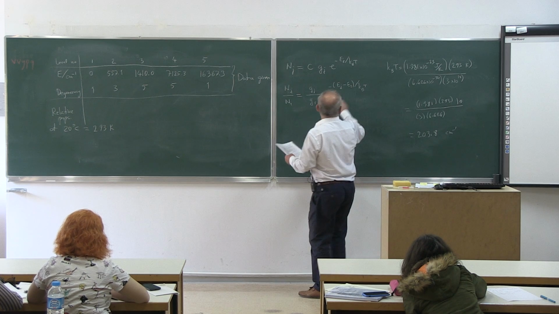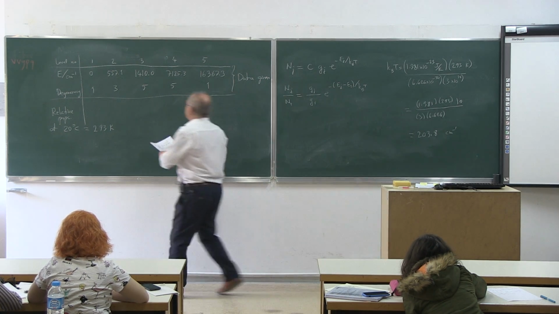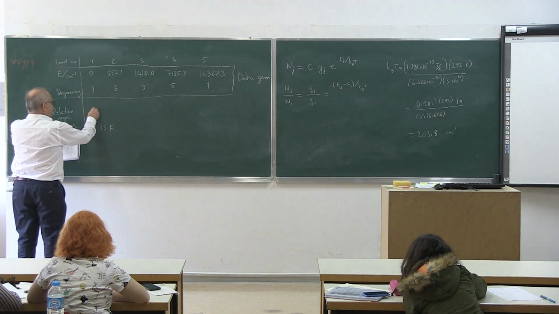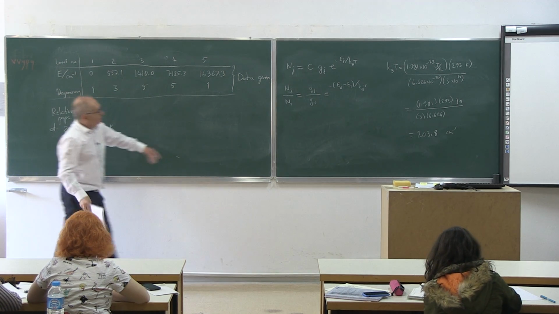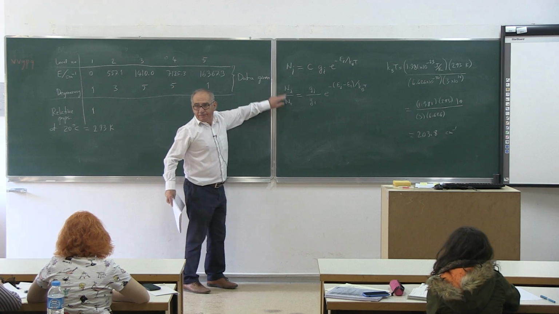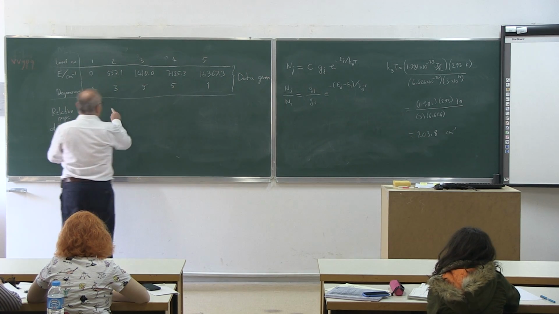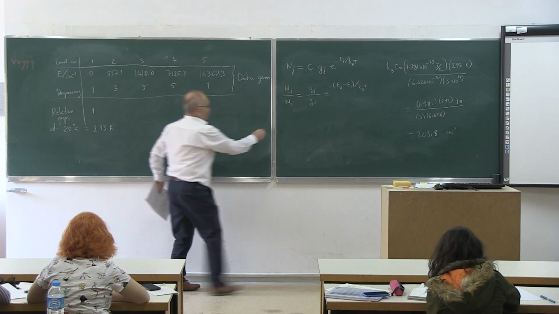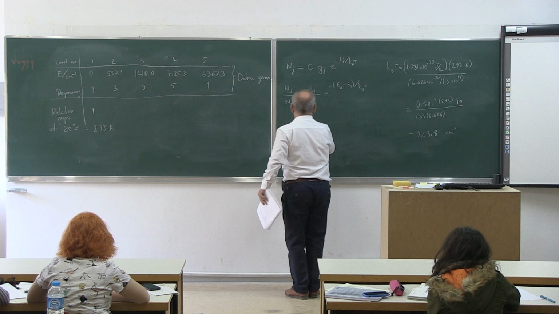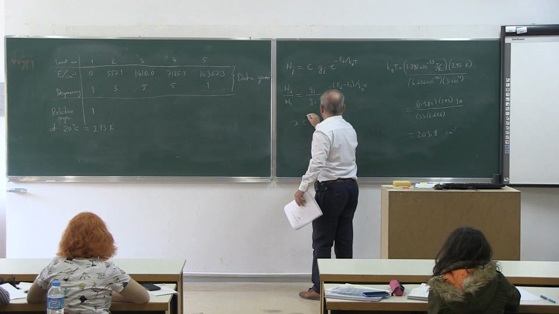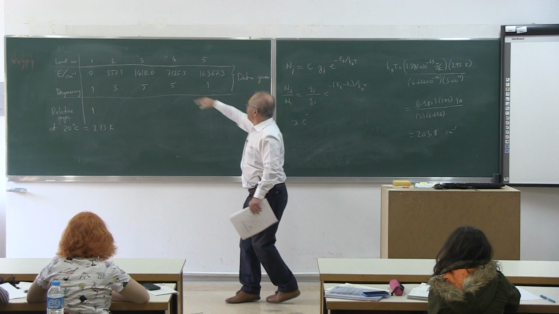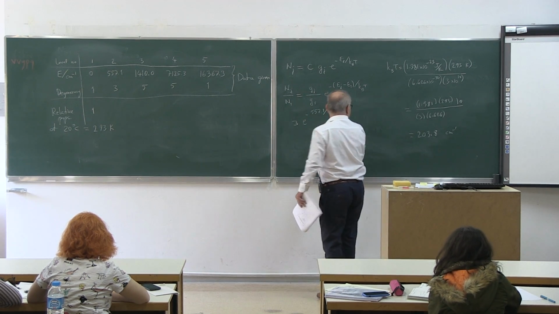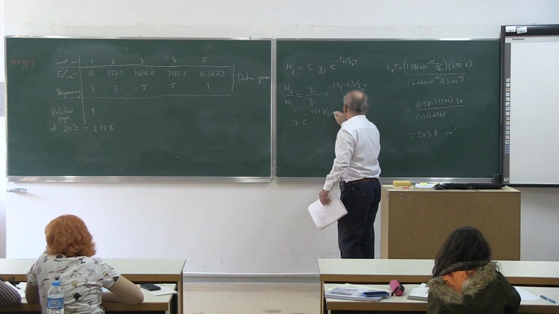So, first calculate the relative populations. This one is directly 1, of course. It is n1 over n1. For this one, the degeneracy is 3. So you will do 3 times e to the minus 557.1 divided by 203.8.